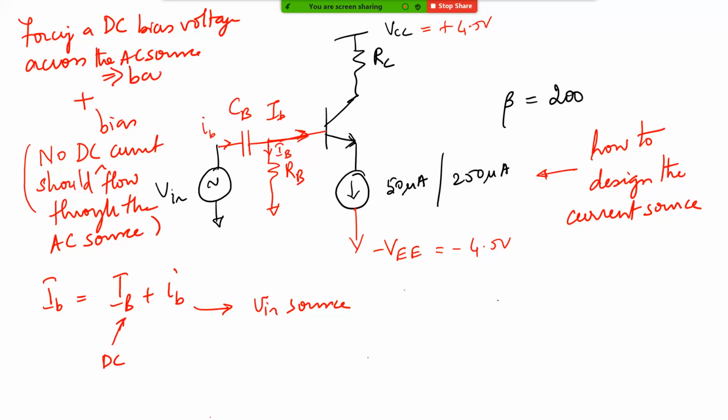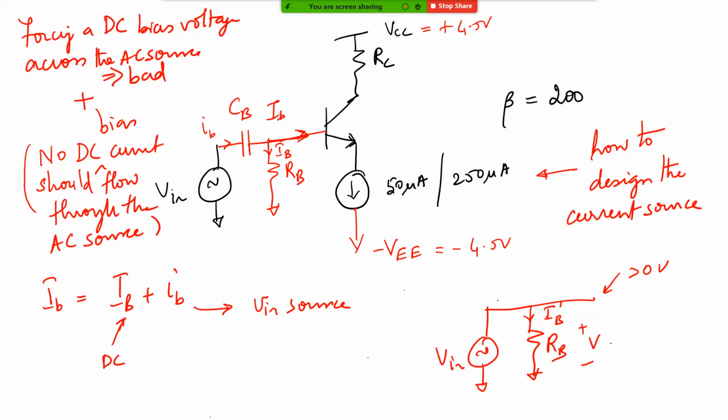This is bad. If you didn't have this capacitor, basically you'd have this AC source with this RB, through which a current IB is flowing. So this node voltage will not be at 0, it will be slightly above 0 volts because of the voltage drop VRB here, and that voltage drop is forced on your signal source also.